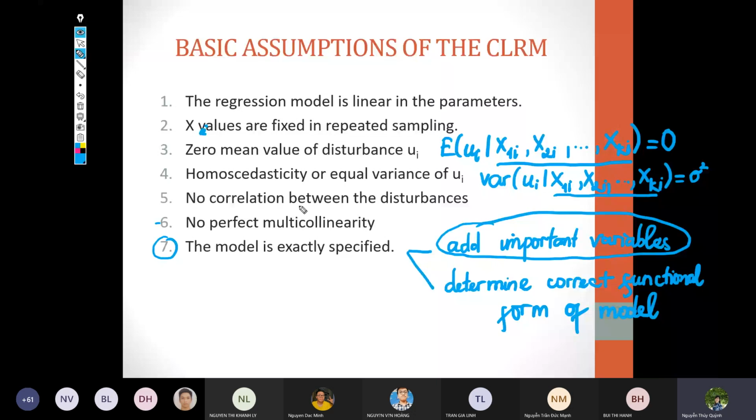What do you think about the characteristics of the OLS estimators if we do not have all the important independent variables in the model?